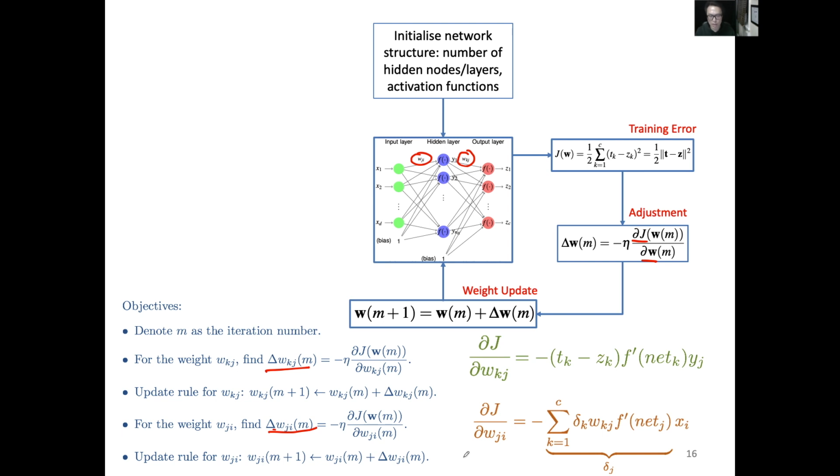So we apply this update rule to update w, and then we repeat this process, and the training error will be reduced. Okay. So this is the overall picture of the backpropagation algorithm.